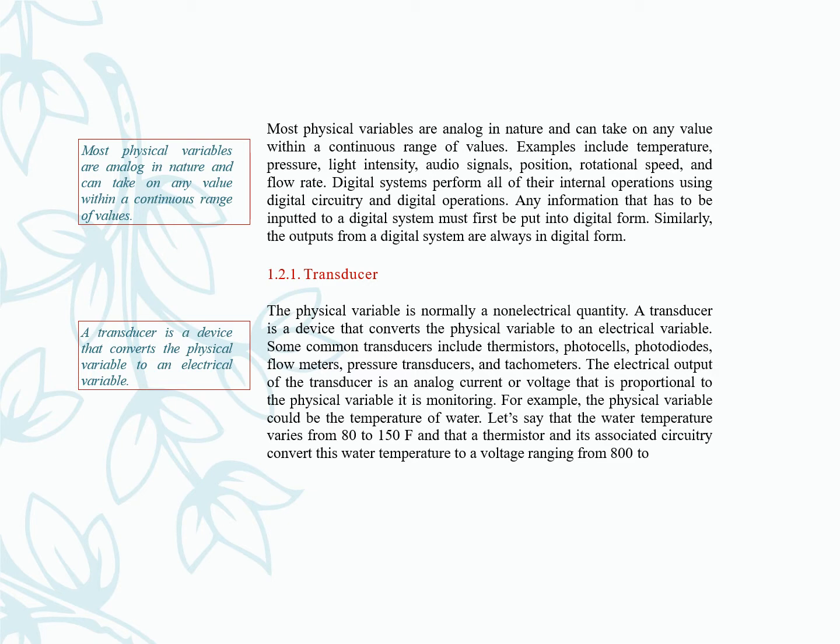As we know, all or most physical variables are analog in nature and can take any value within a continuous range of values. Examples include temperature, pressure, light intensity, audio signal, position, rotational speed, and flow rate, or any other physical or natural signal, which are all in analog form. The digital system performs all of its internal operations using digital circuitry and digital operations.